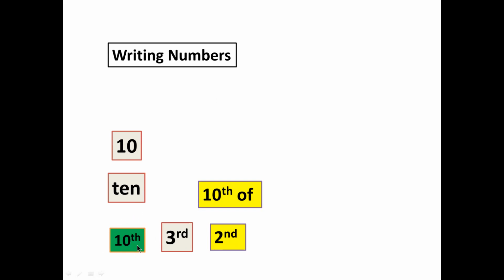So if the sentence requires you to write a date in this form, like 10th of January, if there is a 'the' in front of the gap or an 'of' after the gap, then it requires you to write the number in this form. So you need to be careful. Look at the words before and after the gap to understand what you are required to do.